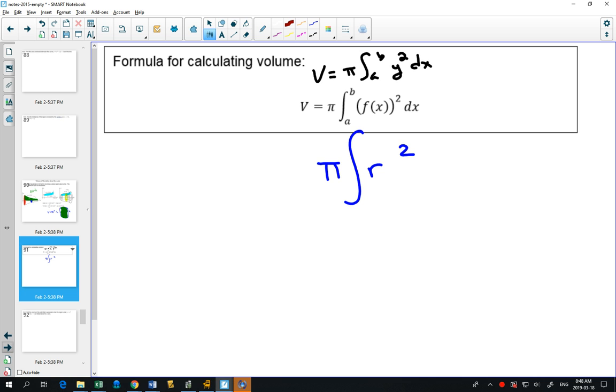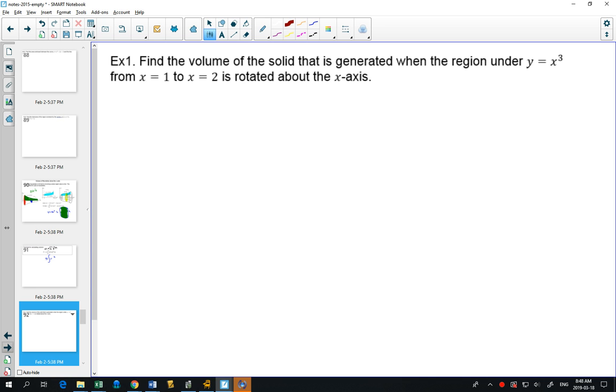All right, so what does this look like, and what can we find? Find the volume of the solid generated when the region under y equals x cubed from 1 to 2 is rotated about the x-axis. Now, for me, the most fun in this unit is drawing it out.